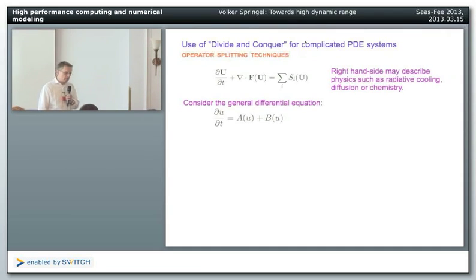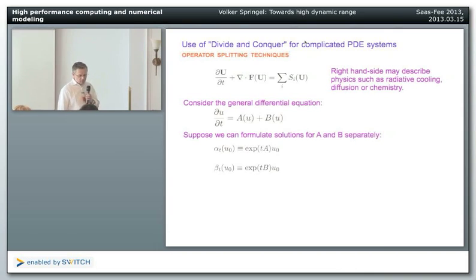To see this, we can consider a general differential equation. For example, we have a time evolution of u given by 2 terms on the right, A and B. Suppose, as I discussed already a little with the Hamiltonian decomposition, the operator splitting there, and also the directional split, we can solve this modified equation where we just drop the B and consider the evolution under A. Alpha of t is then a function that gives the evolved state of u starting at u0 under the action of A. That equation has the solution e to the tA on u0.